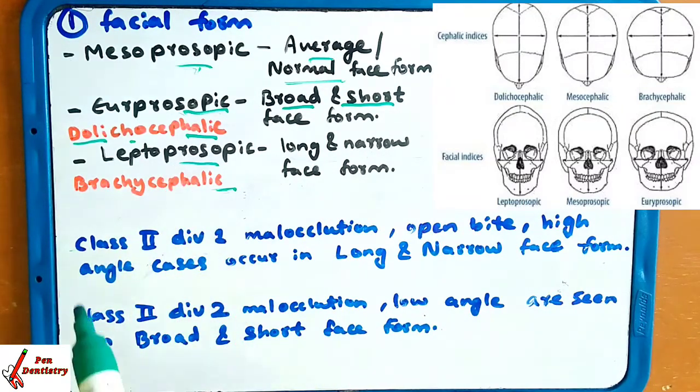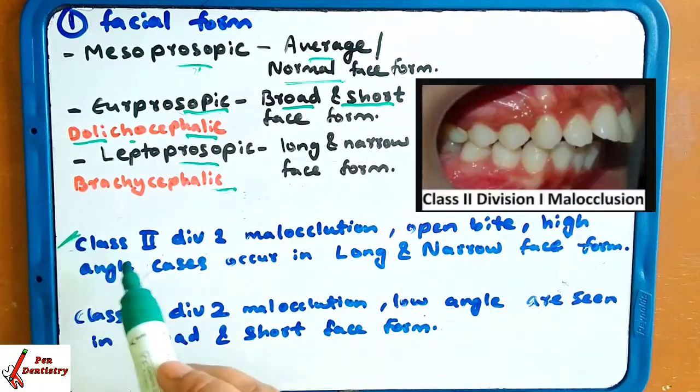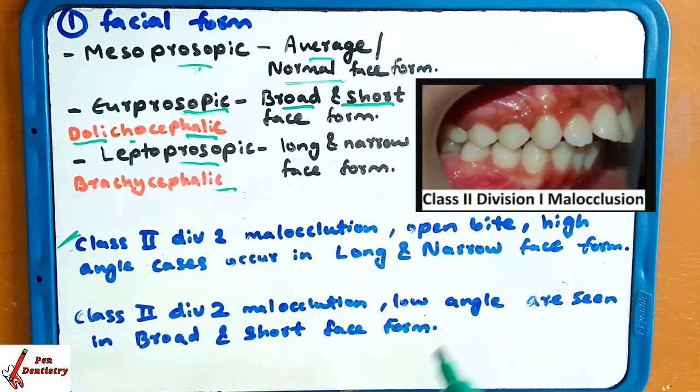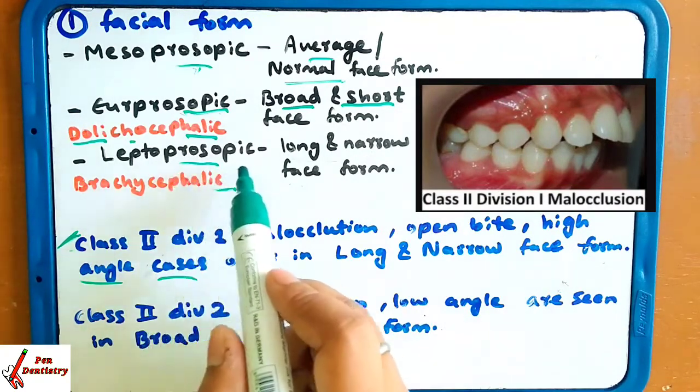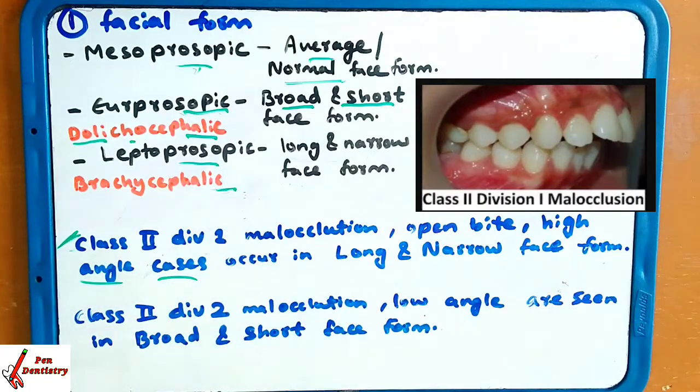leptoprosopic. In class 1, the class 2 division 2 malocclusion, open bite and high angle cases occur in long and narrow faces. That means leptoprosopic will face class 2 division 1 malocclusion. Open bite will be there and high angle cases will occur.